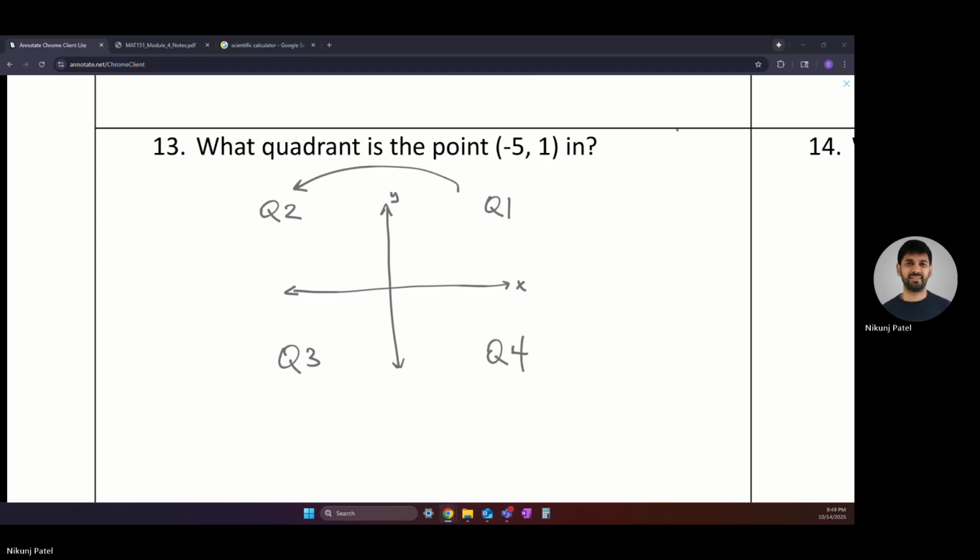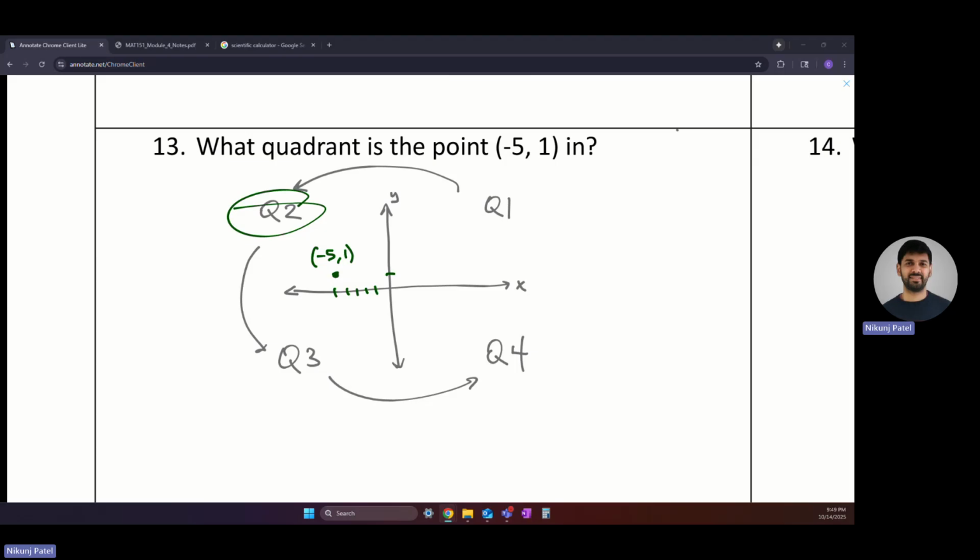So quadrant 1, 2, 3, and 4 in that order, going counterclockwise. Now we just need to know where this coordinate, -5, 1, is. Well, -5, 1 is this way, -5 and then 1 up. So there it is, somewhere right there. So it's going to be in quadrant 2.